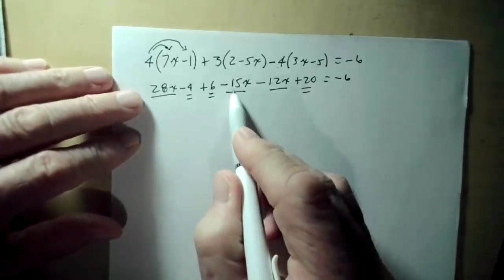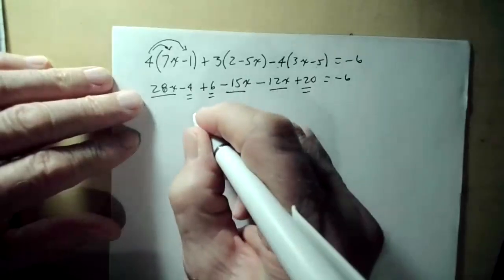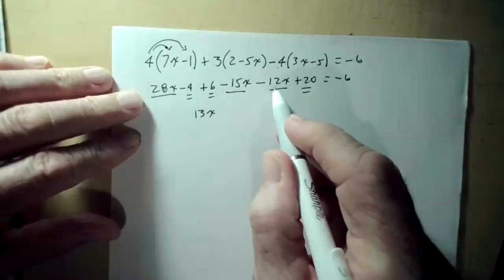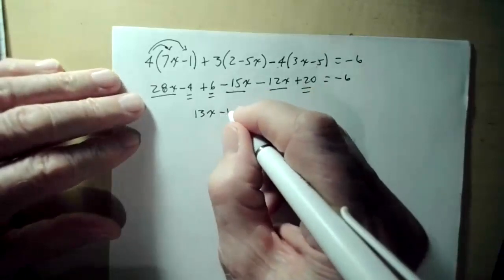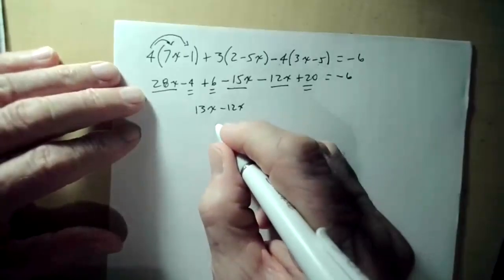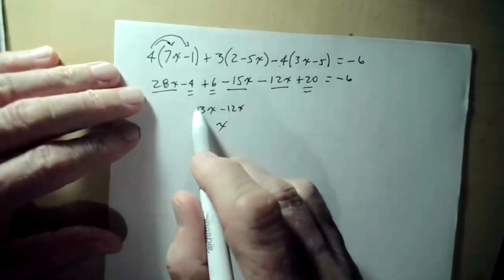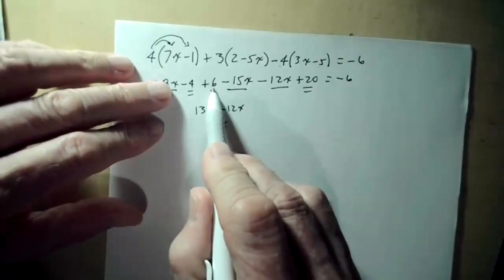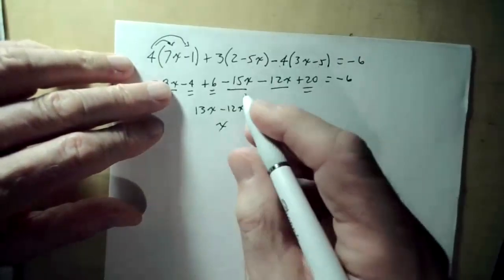Okay, first let's do the x's. 28x minus 15x is 13x minus 12x is just x, right? Now we do the numbers.